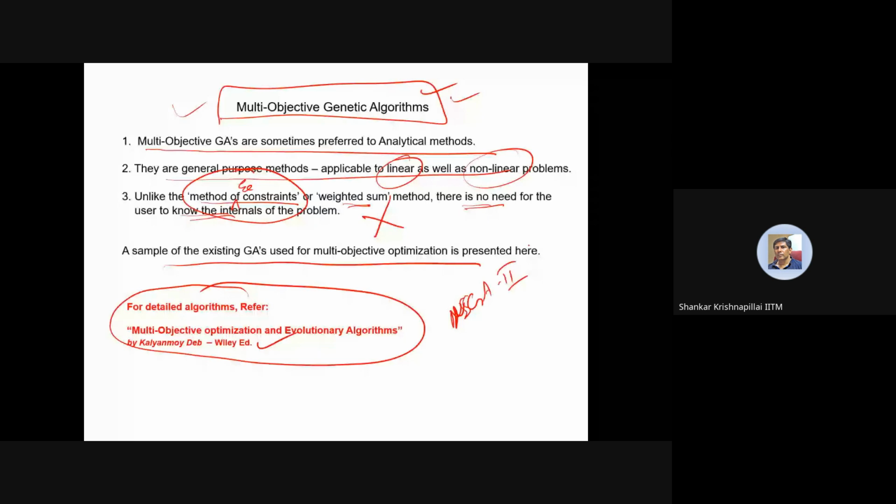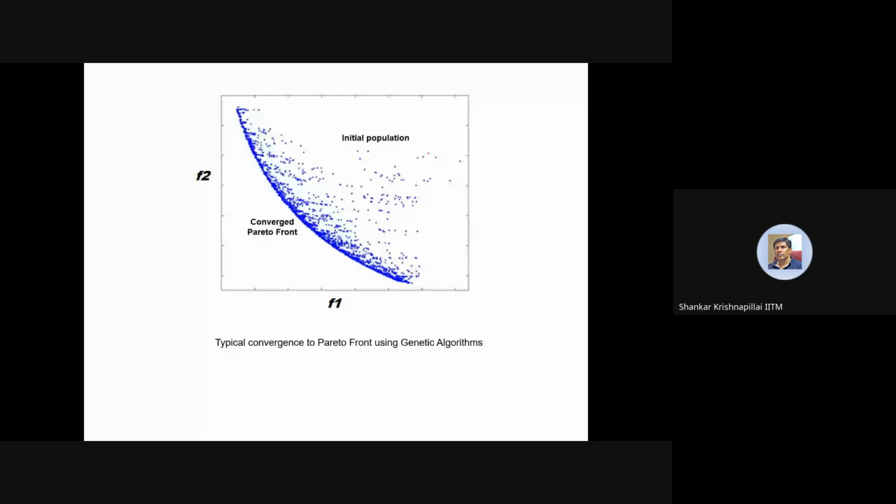So how does the multi-objective genetic algorithm work? First it will generate a population here. Then it will do crossbreeding and mutation, and it will come here. This is the next generation. Then it will do crossbreeding and mutation again, and come here, and finally it will attain the converged Pareto front.